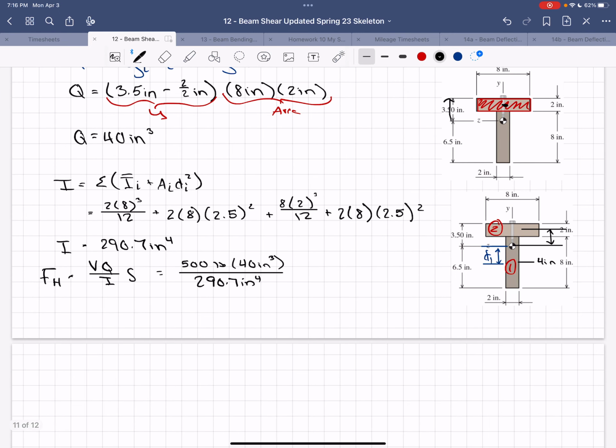So we get a horizontal force equals 343 pounds per bolt. That's how much each bolt needs to hold.